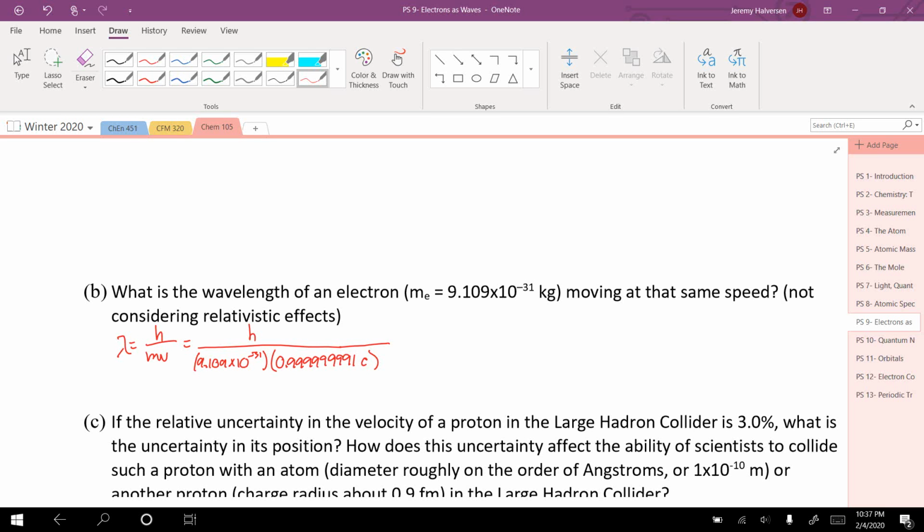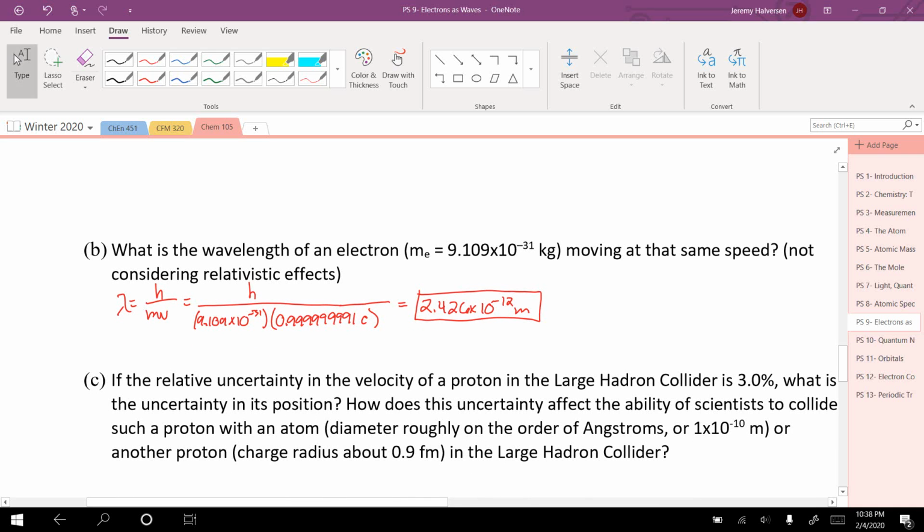And that gives me a wavelength of 2.426 times 10 to the negative 12 meters for the electron moving at that speed.